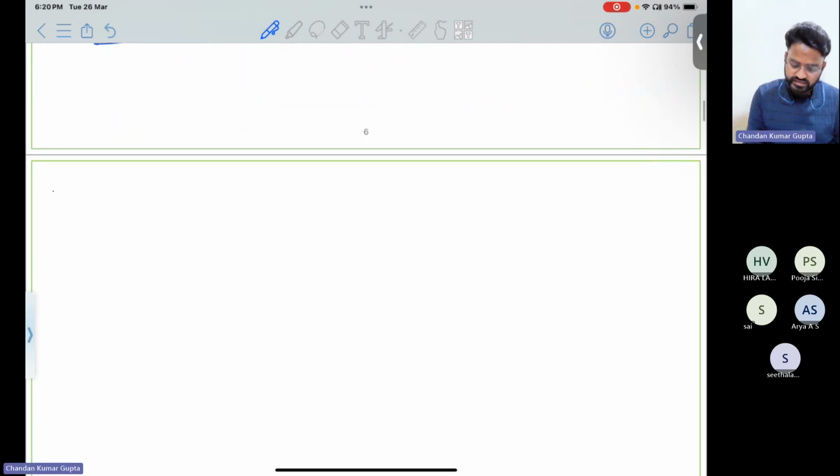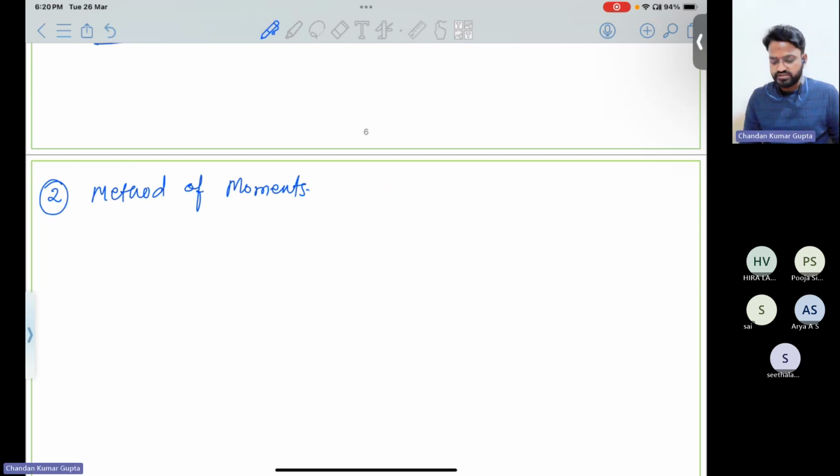The second method is method of moments. In method of moments, we compare sample moment to the population moment. Non-central moments are compared with the sample moment.